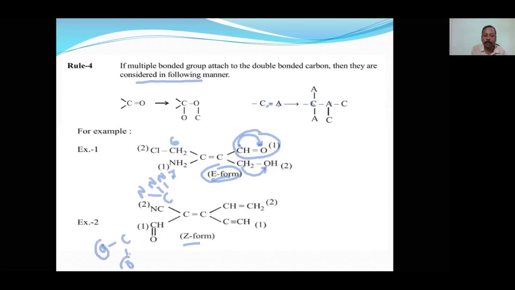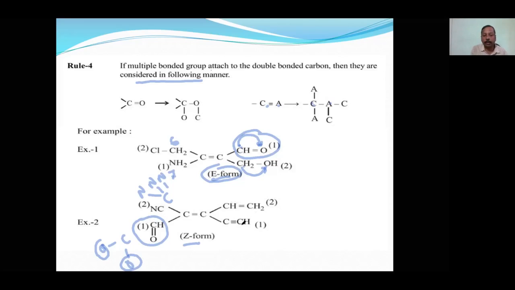So this is of higher atomic number, therefore the priority will be here. Suppose if nitrogen is there on both sides, then 2 nitrogens and 3 nitrogens, that time this will be of higher priority. But here one side is nitrogen, one side oxygen, so atomic number is different. So don't worry about the number, you should worry about the atomic number.